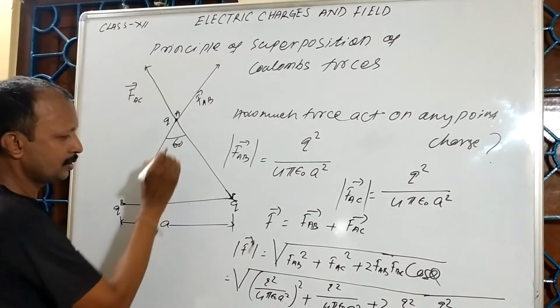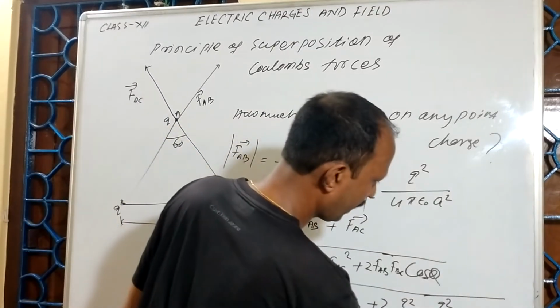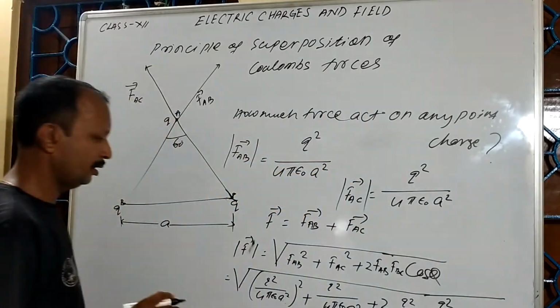You see, this is an equilateral triangle, so this is cos 60 degree.